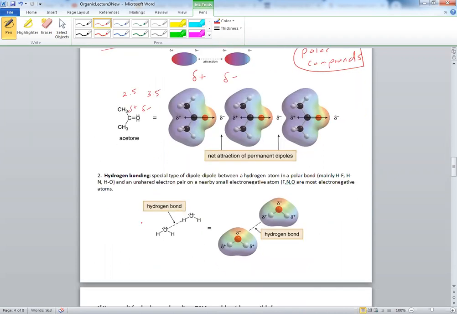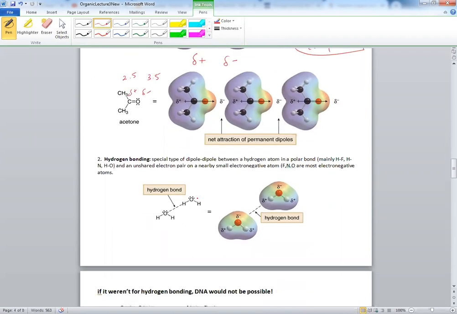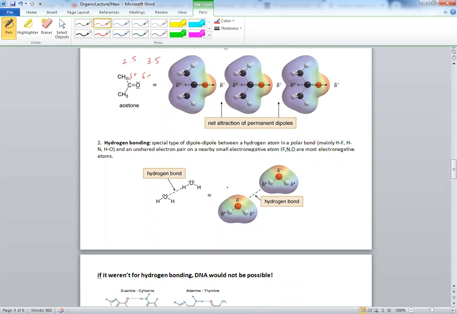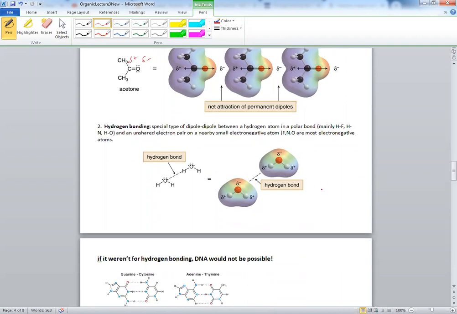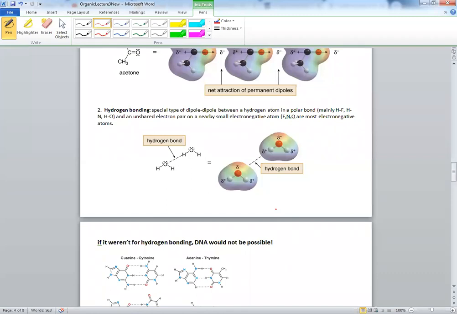The second one, probably the most important one in biology, in biochem, is hydrogen bonding. You're familiar with this. This is really nothing but a review from Gen Chem.